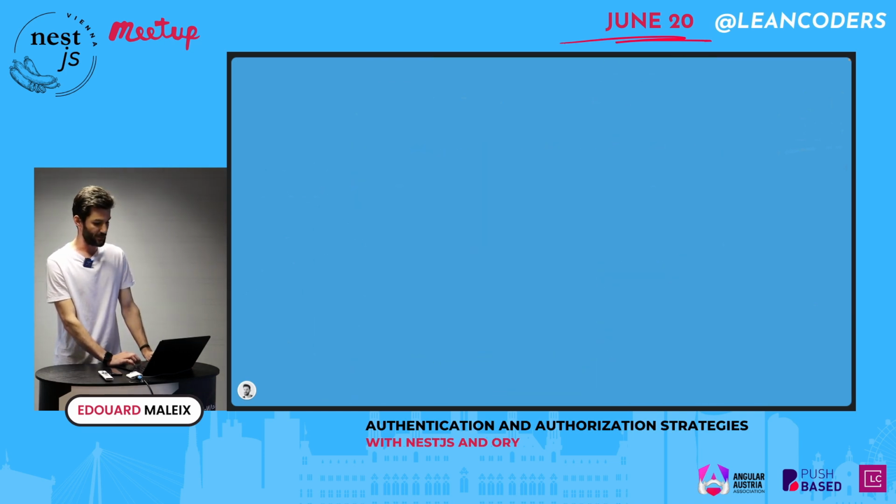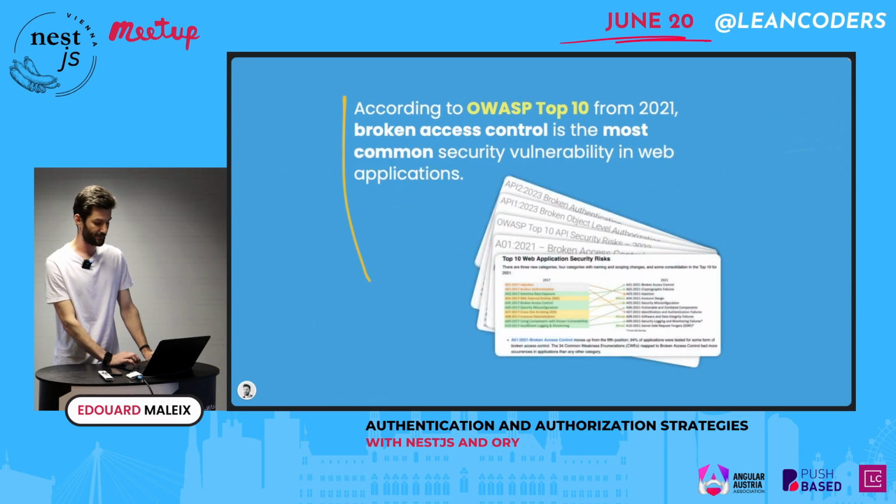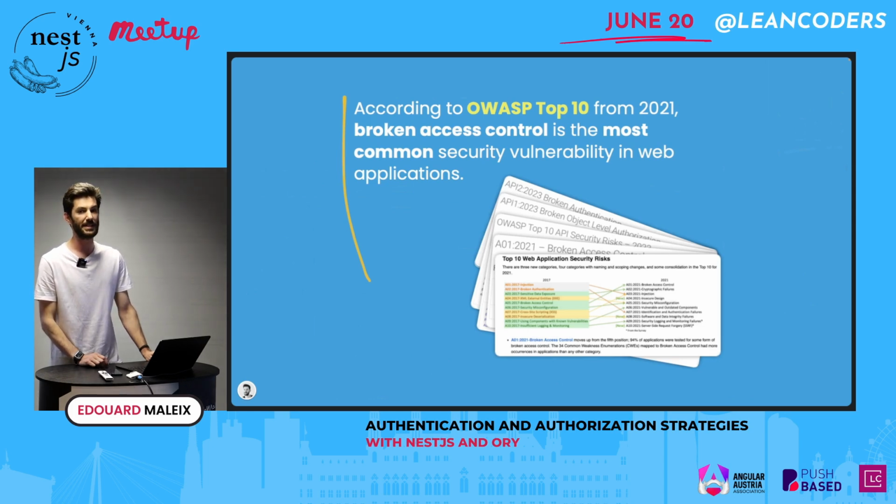Now let's move on with those insights I mentioned. According to the OWASP Top 10, maybe a few words about OWASP, because maybe not everyone is aware of it. It's a foundation that promotes web application security. They write documents, exercises, challenges, toolkits, lots of tools to make you aware and to improve web application security.